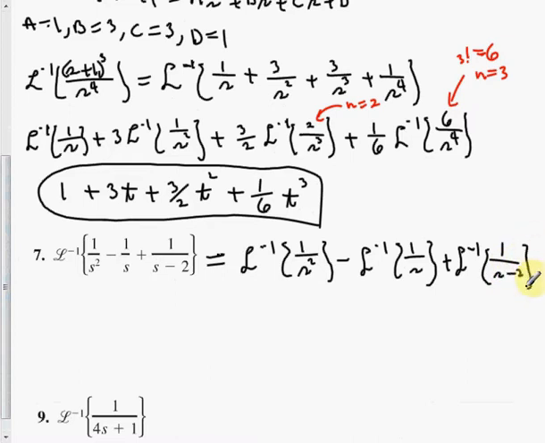Well, the inverse transform of 1 over s squared, that's just t. The inverse transform of 1 over s, that's 1. It's a minus here, so it's minus 1 plus the inverse transform of 1 over s minus 2. Well, that comes from the Laplace transform of e to the 2t, right? So this guy is just e to the 2t.